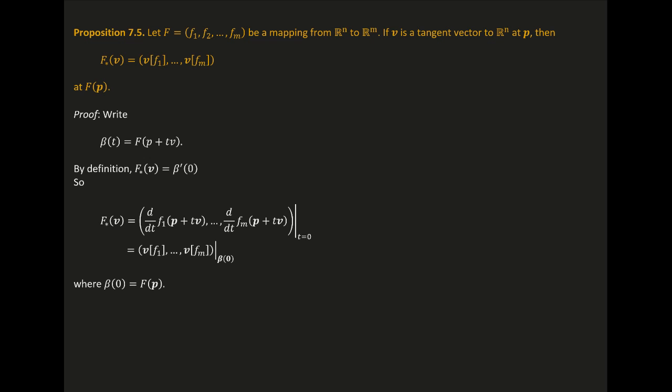So the tangent map is the set of points where the coordinates are the derivatives of the coordinate functions. So the tangent map could be written with each of the coordinates of f.